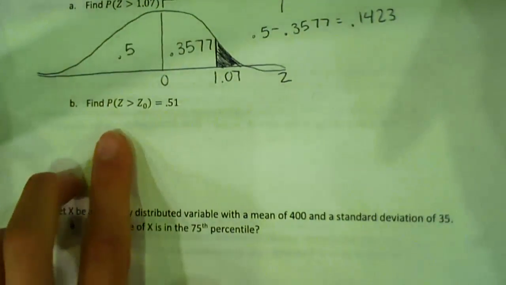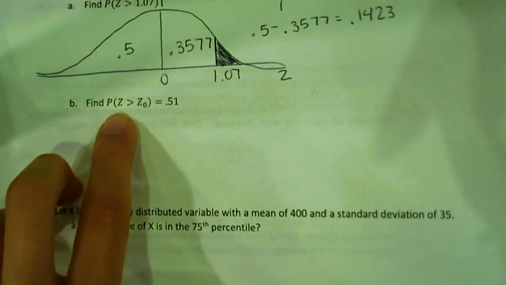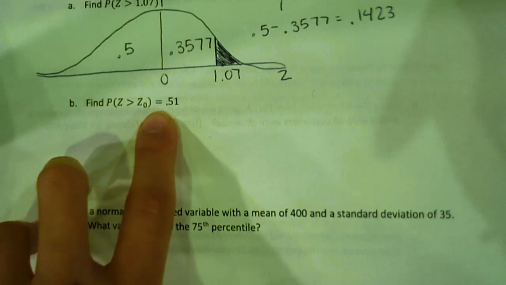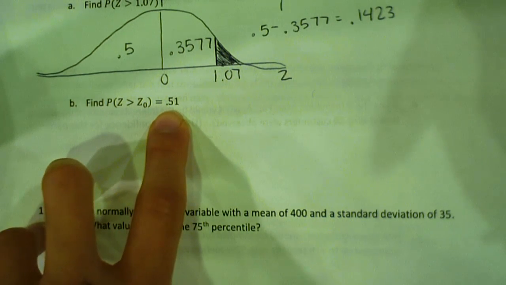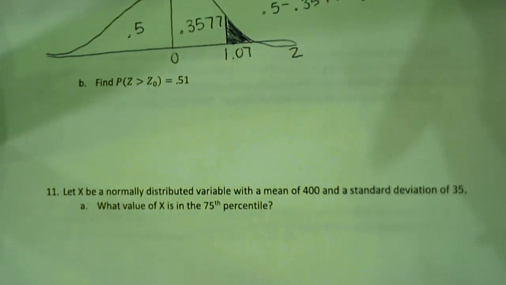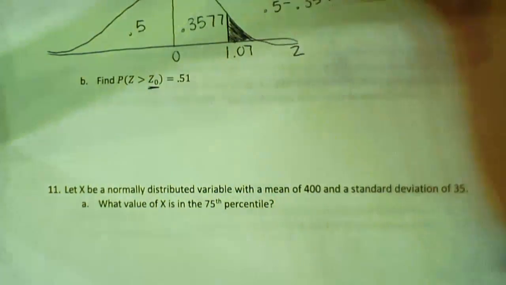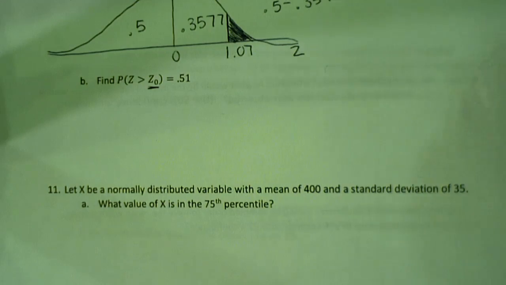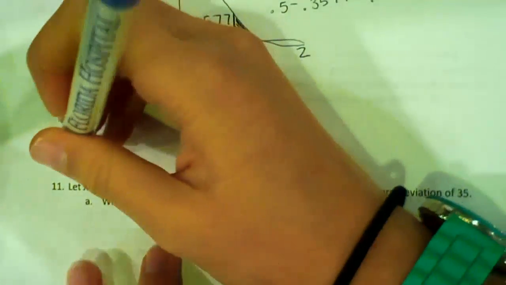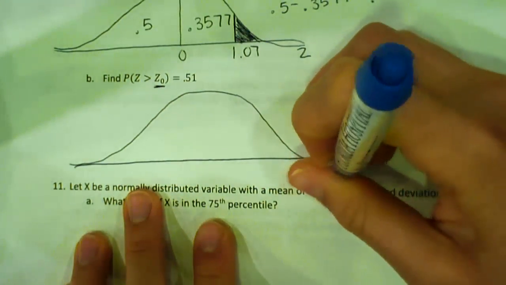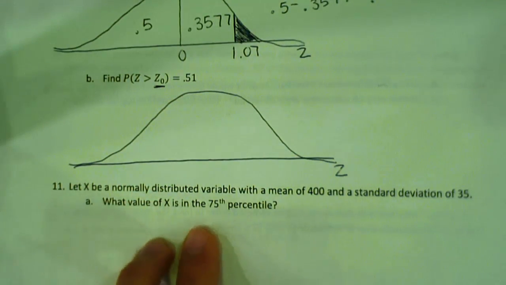All right, and then if we wanted to find the probability that z is greater than z naught, if that actually equals 0.51. So we actually want to solve for this z naught. In this case, it already gives us the probability. So let's draw another distribution. We have our z right here.